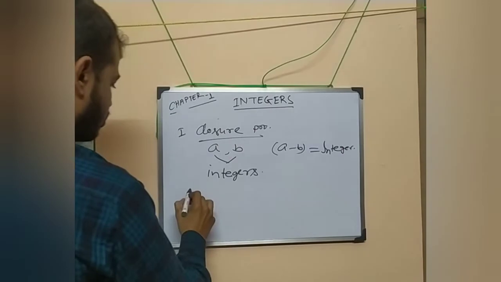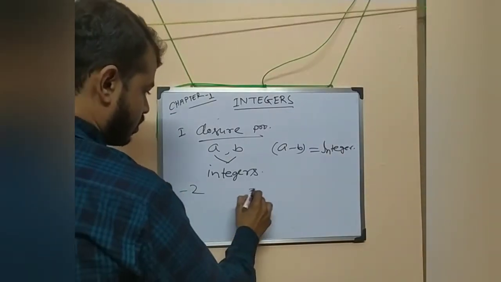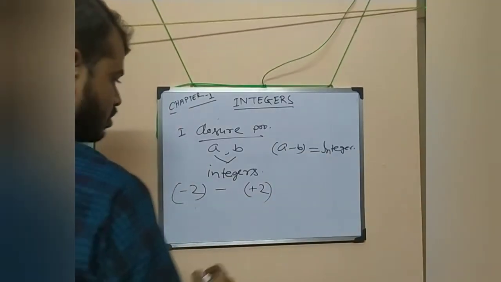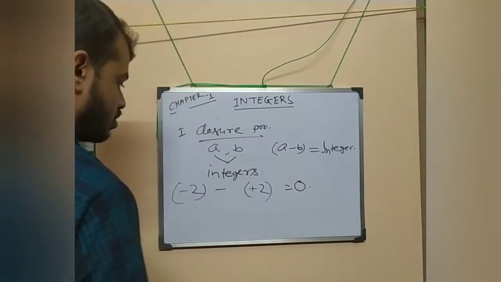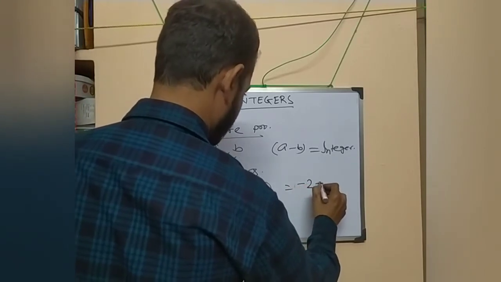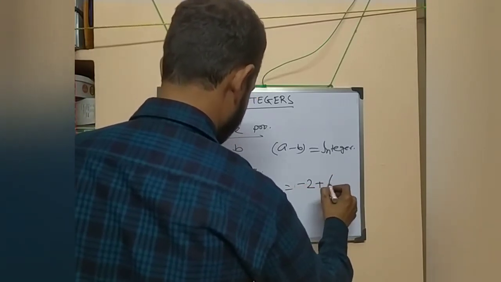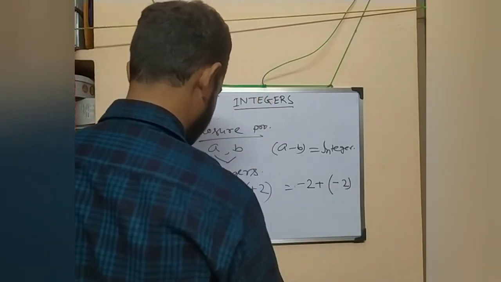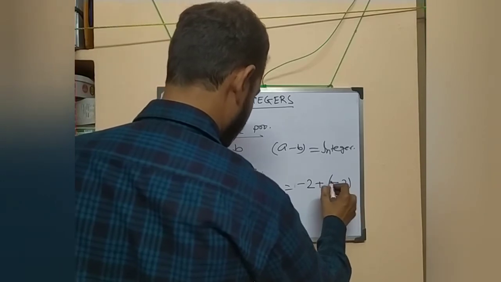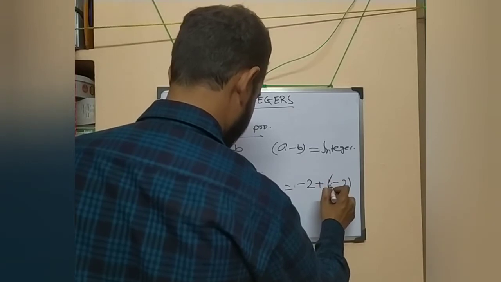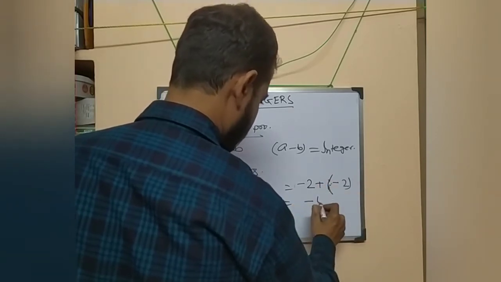See, minus 2 and plus 2. Now subtracting, we have minus 2 plus of minus 2, that means we have minus 4.